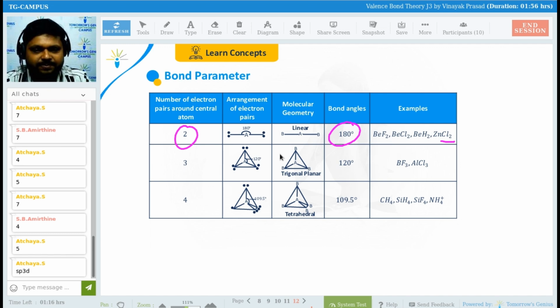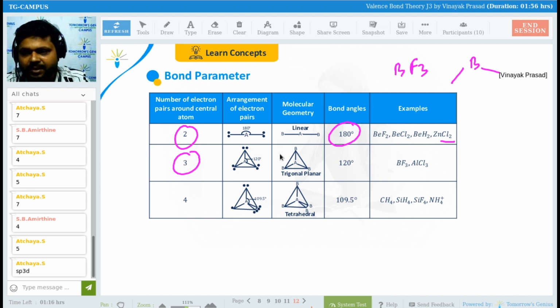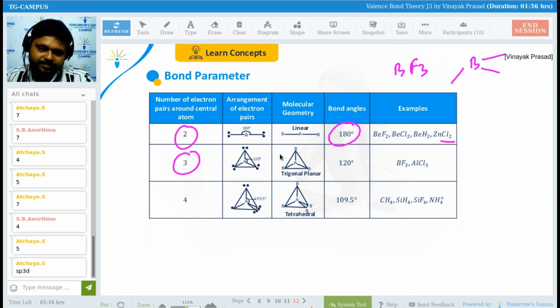If the number of electron pairs around the central atom is 3, then it is BF3. What will be the hybridization for this BF3? Can anyone say?